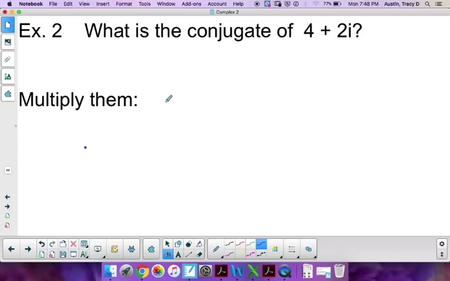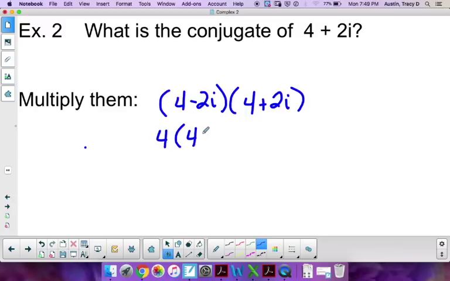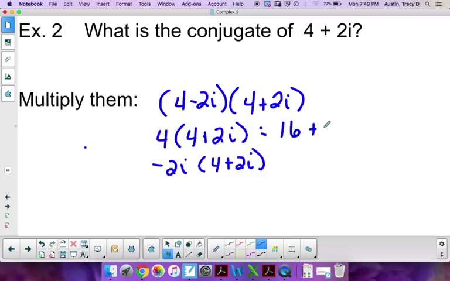Okay, so if you paused it, the conjugate of 4 plus 2i is 4 minus 2i, again only changing the imaginary part. And if I distribute them out, either box method or double distributing, doesn't matter which, I'm going to get 16 plus 8i, and then negative 8i, and then negative 4i squared when I do negative 2i times positive 2i.